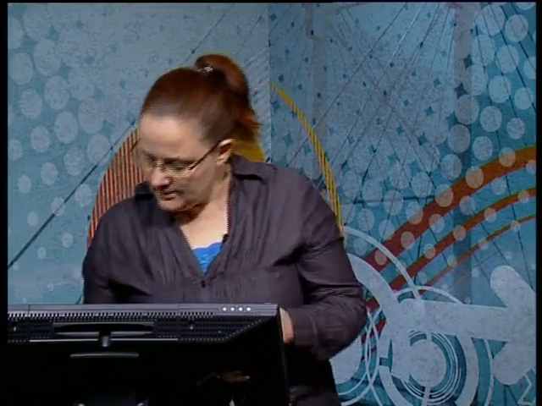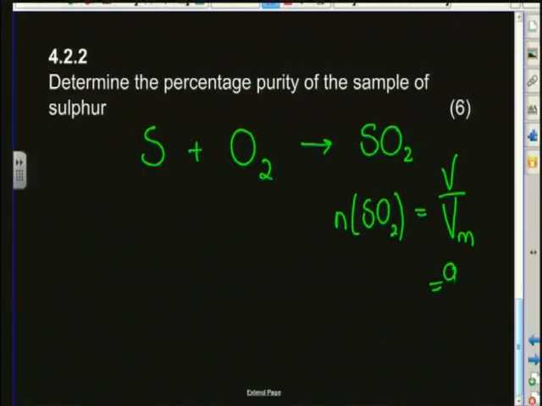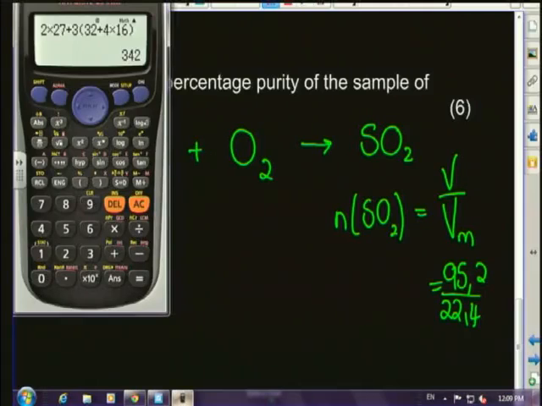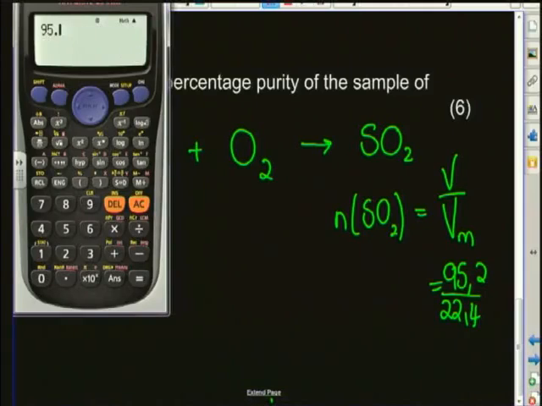Be careful. Now, the volume they said to us was 95,2. The molar volume is 22,4. So I put it onto my calculator: 95.2 divided by 22.4.